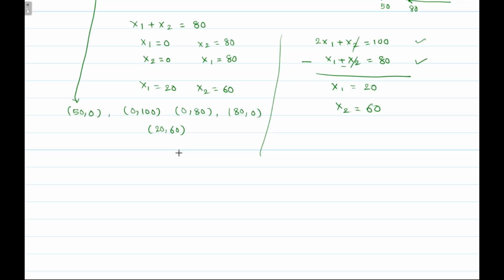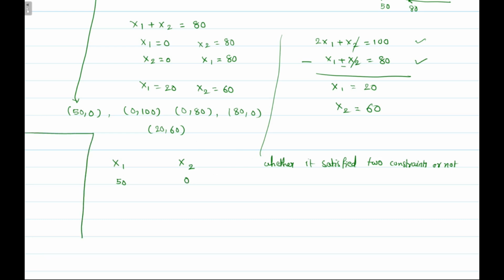So the first one, I am taking x1 and x2, whether it satisfies the two constraints or not. Simply, when I substitute x1 equal to 50 and x2 equal to 0 over here, that is 2x1 plus x2 is equal to 100.